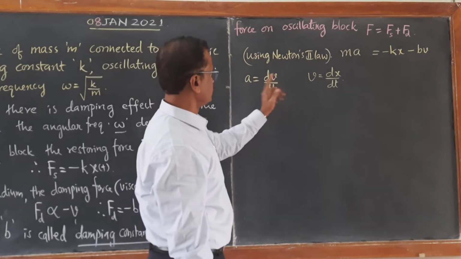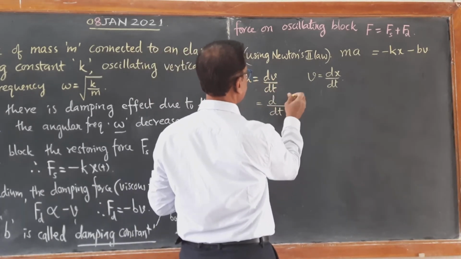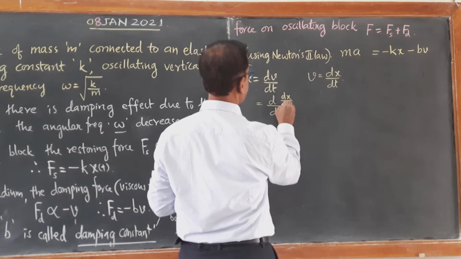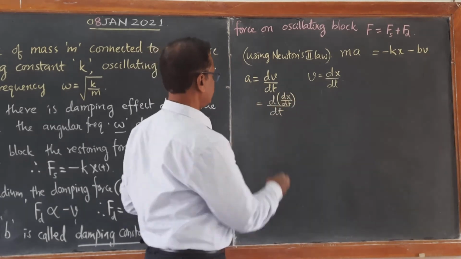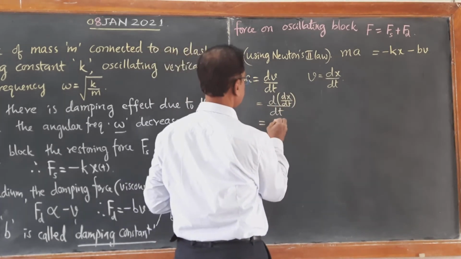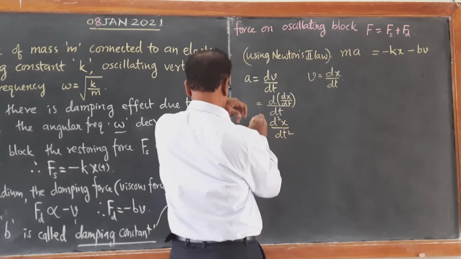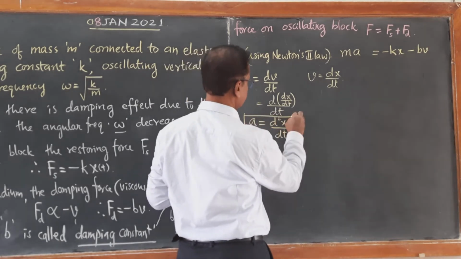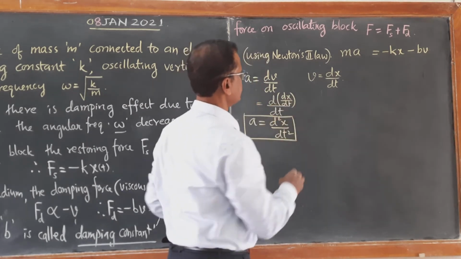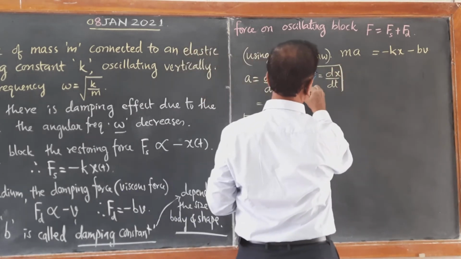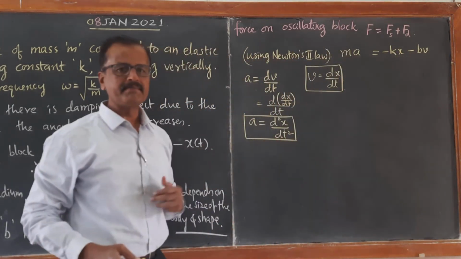If we substitute in this equation, it becomes d by dt of dx by dt, which is d square x by dt square, a second differentiation. This is dx by dt, and here x is again a time dependent function.